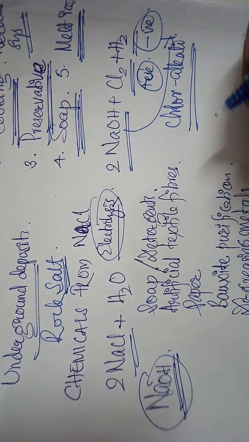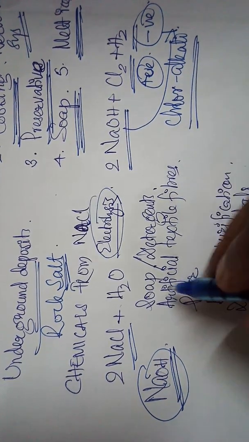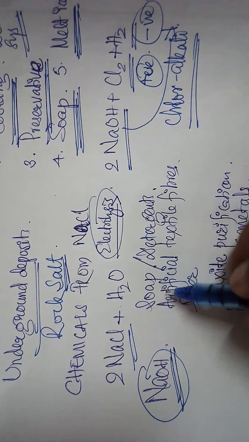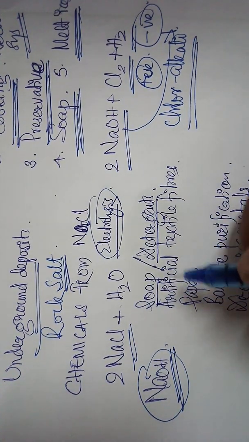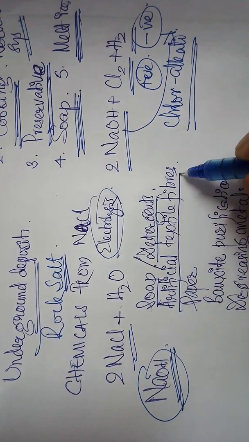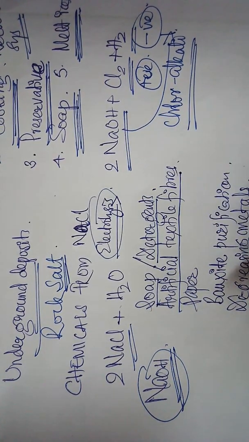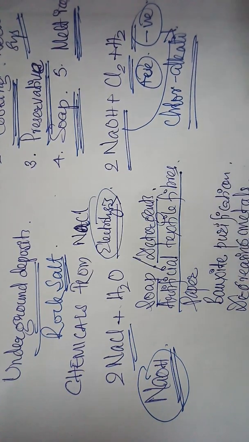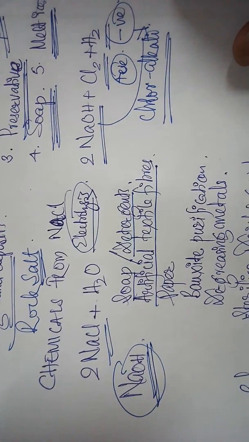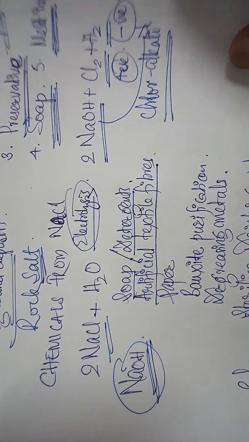Uses of sodium hydroxide are: sodium hydroxide is used for making soaps and detergents. It is used for making artificial textiles such as rayon. Sodium hydroxide is used in the manufacture of paper.